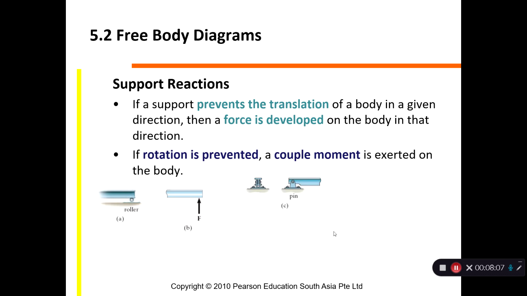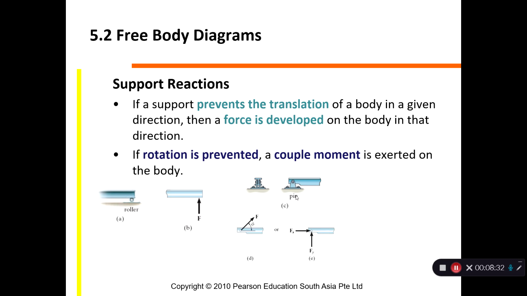Another example, you have a pin or a hinge. This is how it looks from the side. This is from the front. So this member, which is being supported by this pin, cannot move left and right. It cannot move up and down. But what it can do is rotate about the point at the center of the pin.